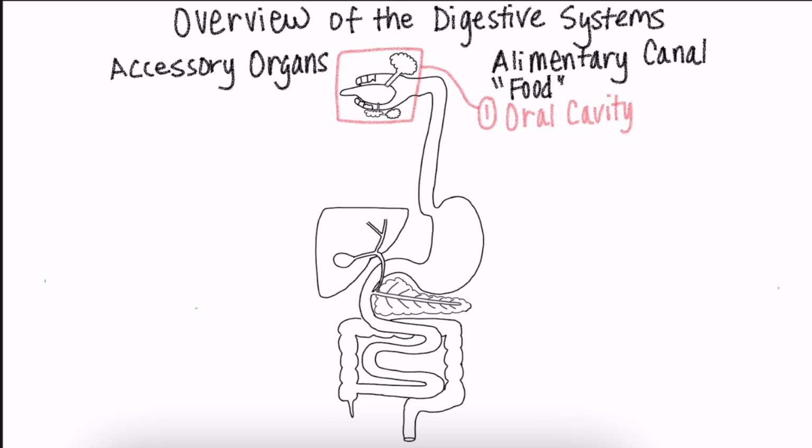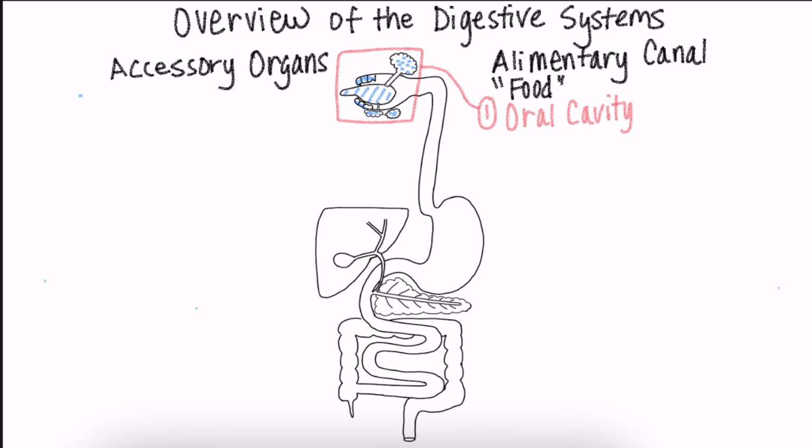Now there are some what we call accessory organs within that area. And these are things like salivary glands. See these? We have three different kinds of salivary glands. Teeth, there's some teeth, and the tongue. So these are considered accessory organs.